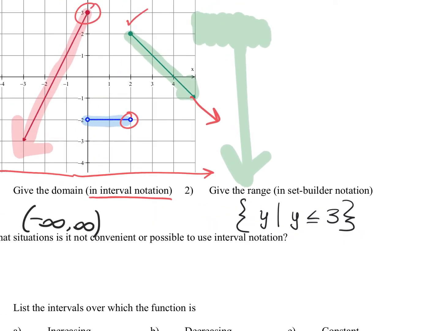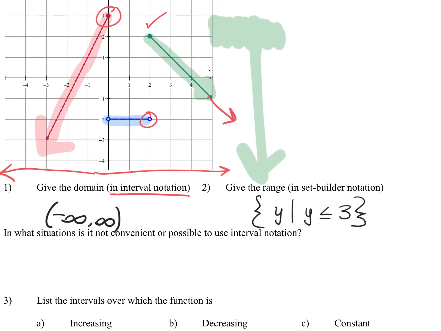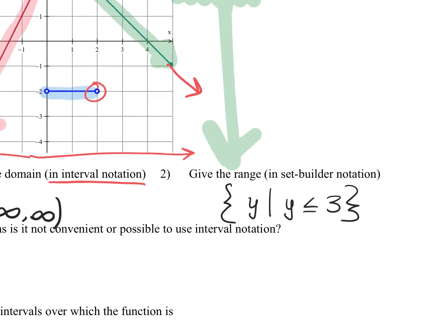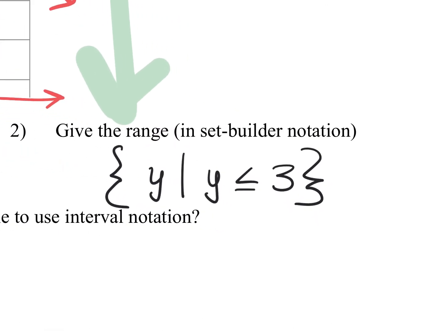This set builder notation is maybe a little bit more familiar to how we usually describe domain and range. It has its benefits and downsides here, but the way we would do it, we'd say all y values, and this vertical line we would describe as "such that," y is less than or equal to 3.